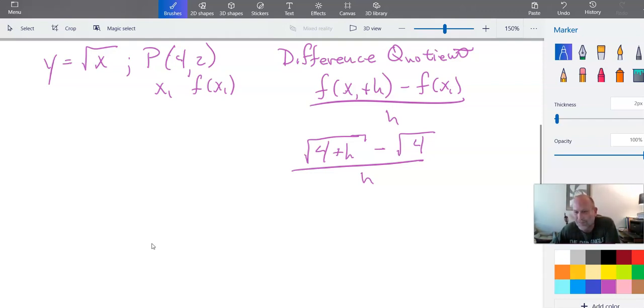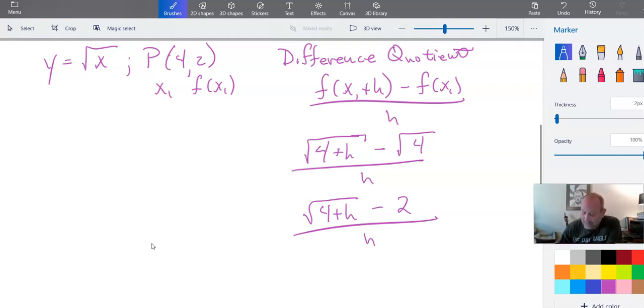And you can see the problem already. There's nothing to multiply out in the numerator. There's really not much to do here. The square root of 4 is 2, so we could simplify that. But again, we're back where we started. I can't eliminate that h like that.